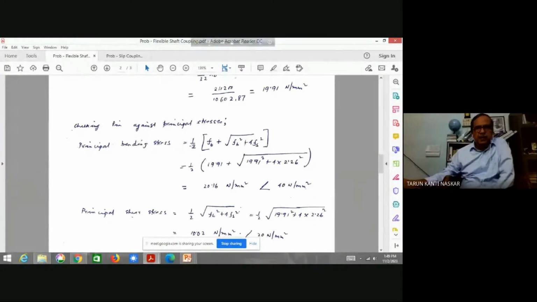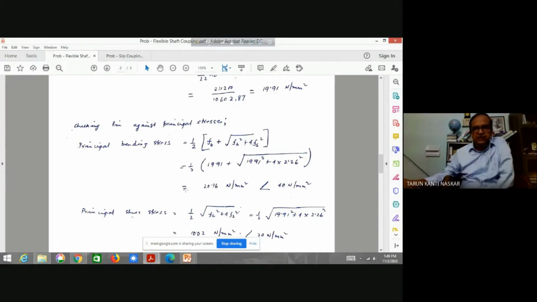So the principal bending stress is half FB plus root over FB square plus 4 FS square, and then you find out 20.16 Newton per millimeter square, and here it was given 25, not 40. It is wrongly written 40.